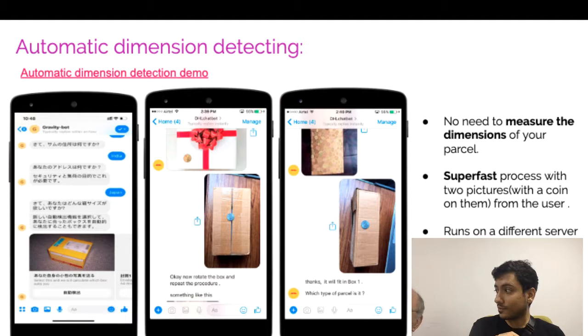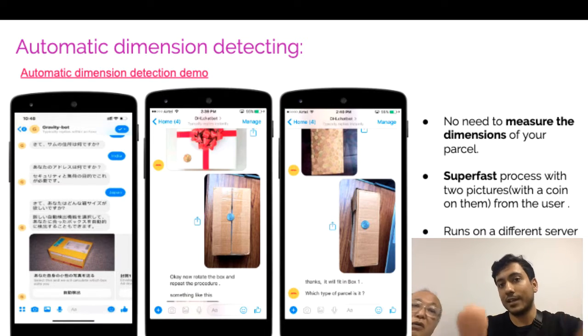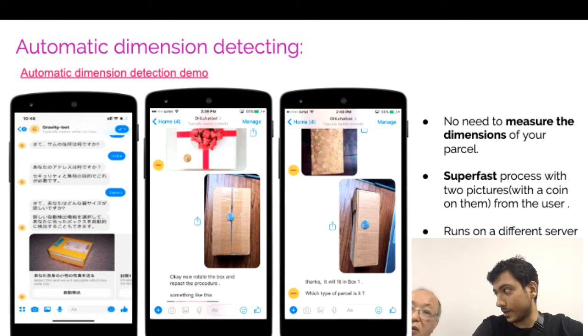You just put the coin anywhere on the box, right? Yes. Depending on the user, they don't know where they placed the coin. But as I told you, there is a matrix with 1080 rows and 1080 columns.